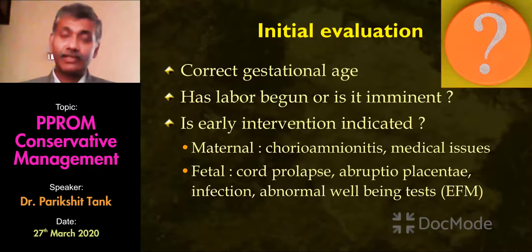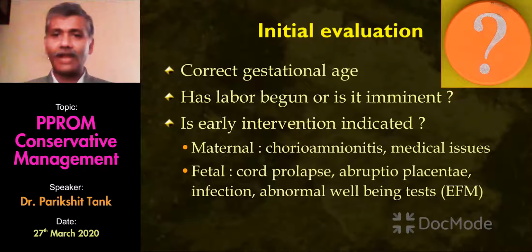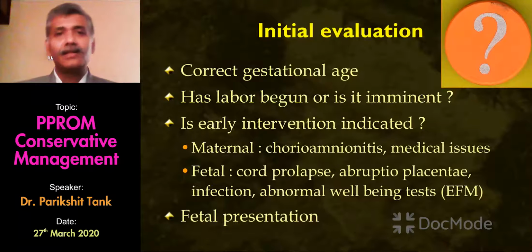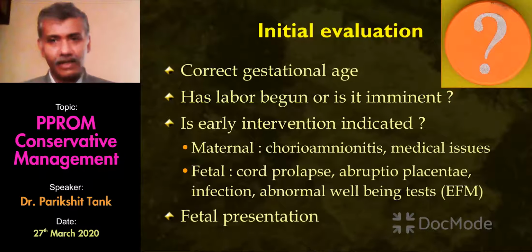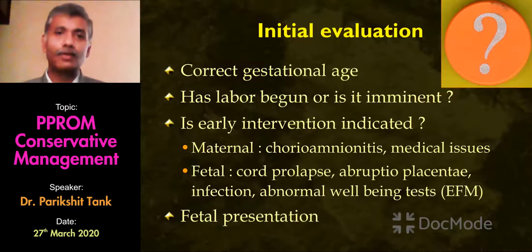Early intervention could also be indicated for the fetus in case of a cord prolapse, antepartum hemorrhage, if there is evidence of fetal infection, or if there are abnormal fetal well-being tests like an electronic fetal monitoring. And the last part of the evaluation should include fetal presentation, because this will help us to plan and to think about how to deliver this baby in case conservatism has to be abandoned.